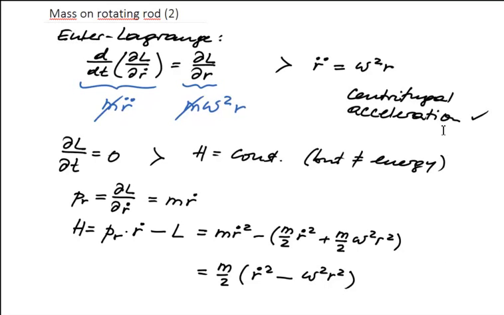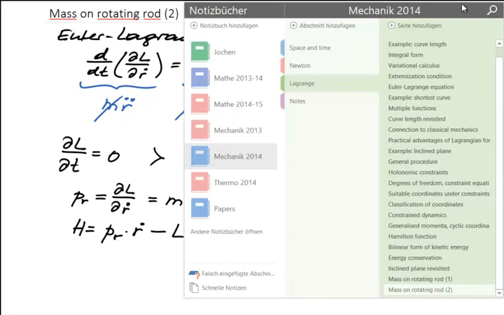The next example is a classic machine called the Atwood machine. The design of that machine is as follows.